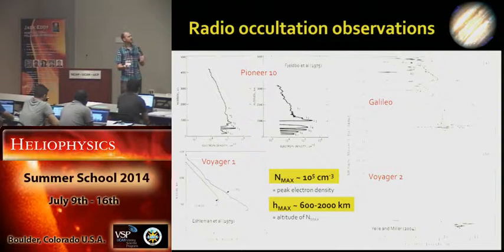But on average, the peak electron density is of order 10 to the 5 electrons per cubic centimeter. That's called Nmax. And the altitude of the peak electron density ranges somewhere between 600 to 2,000 kilometers. So there's clearly a range of processes driving at least 2 different categories of ionosphere at Jupiter, a low altitude ionosphere and a high altitude ionosphere. And we'll need to be able to account for that in the models.